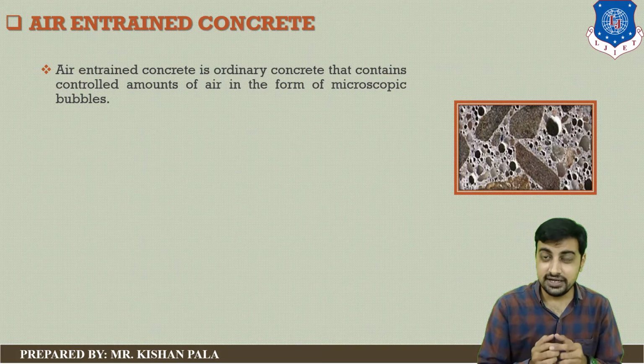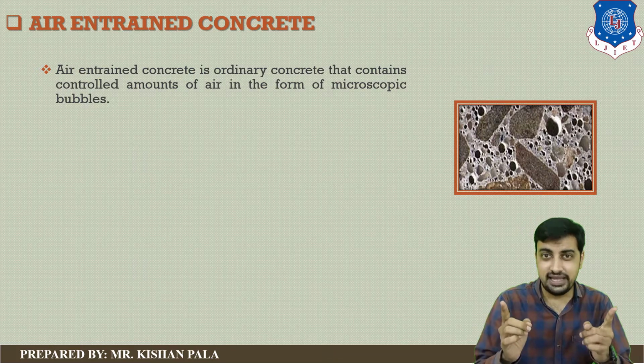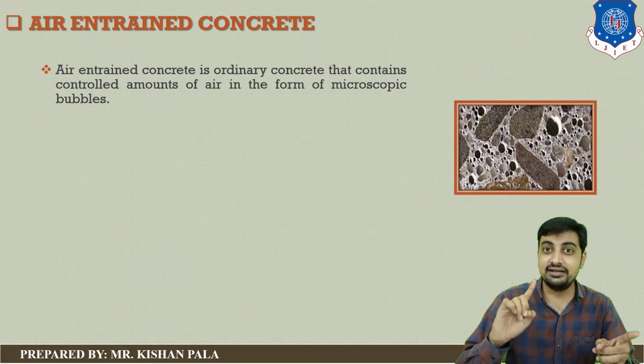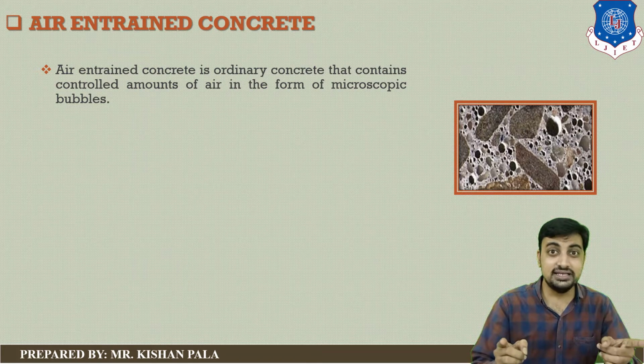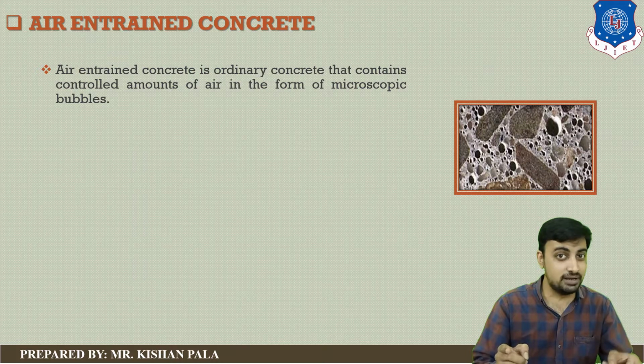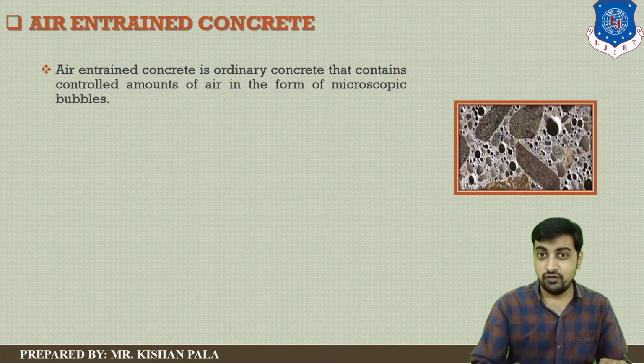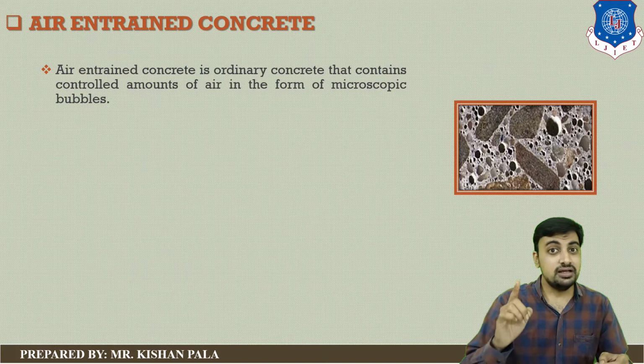As we have already discussed, there are two types of air. First one is entrapped air and second one is entrained air. Entrapped air occurs due to insufficient compaction of the concrete mass, and entrained air we introduce into the concrete mass intentionally to improve the properties of the concrete.